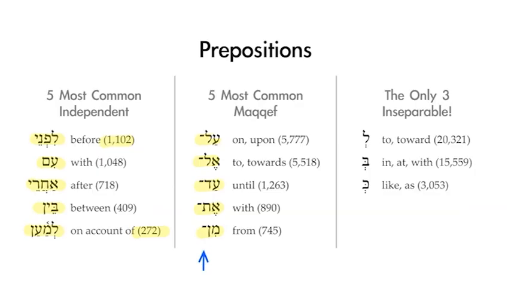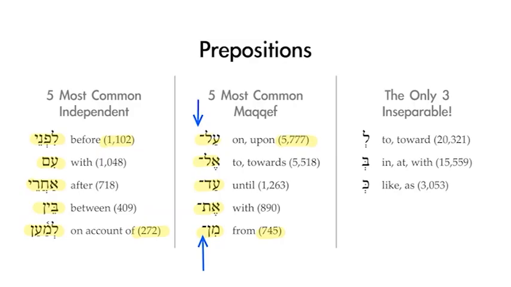And as you can see, all of these prepositions appear with the makef that joins them to their object. And these prepositions occur anywhere between just under 6,000 to just under 800 times. And so you can see as we move from independent prepositions to makef prepositions, the makef prepositions are much more frequent or common than the independent prepositions.